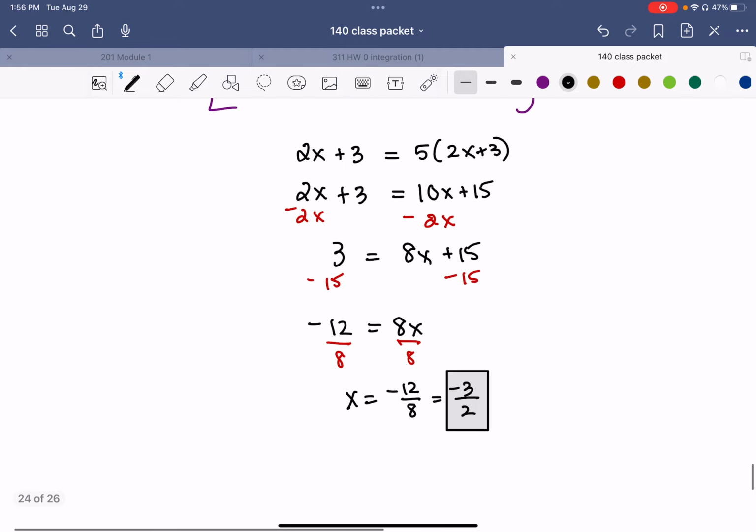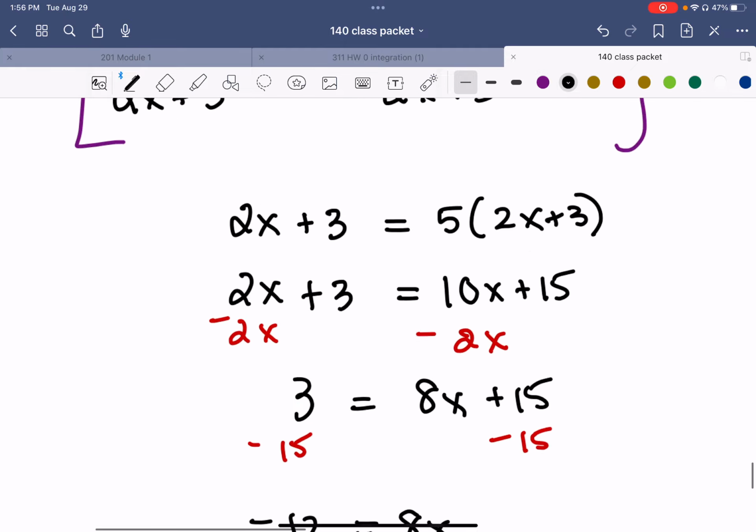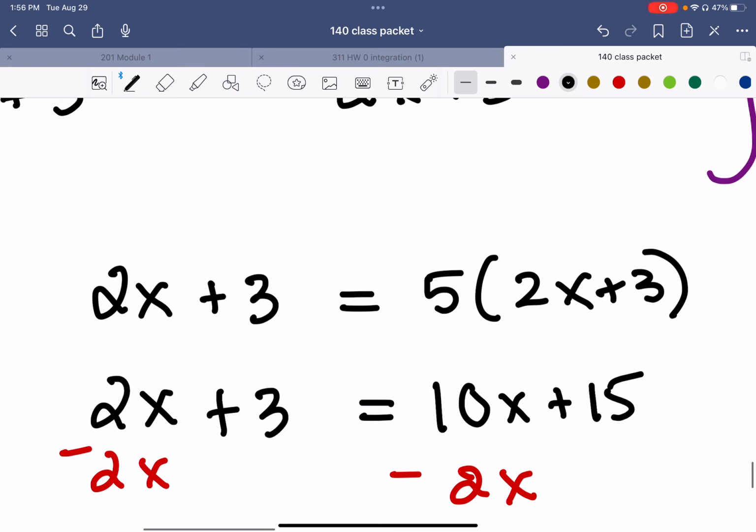Okay. Now I want you to notice something from up here. At this step, we have 2x plus 3 and 2x plus 3. If you try to divide both sides by 2x plus 3, you're going to get 1 equals 5. And that's not a true statement. So what that means is that you're doing something wrong when you're dividing, and in fact, you're eliminating a solution to the equation, which is negative 3/2, sorry.